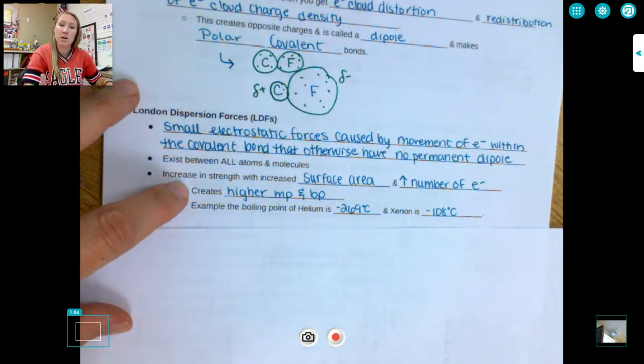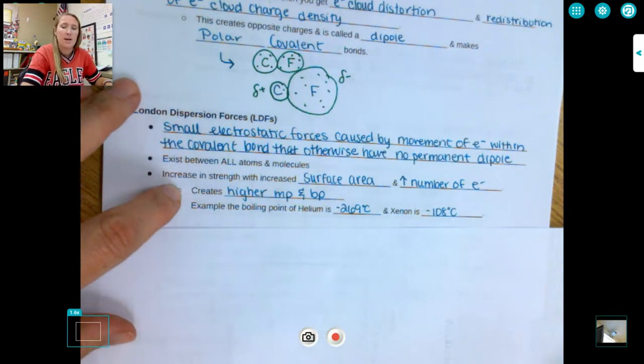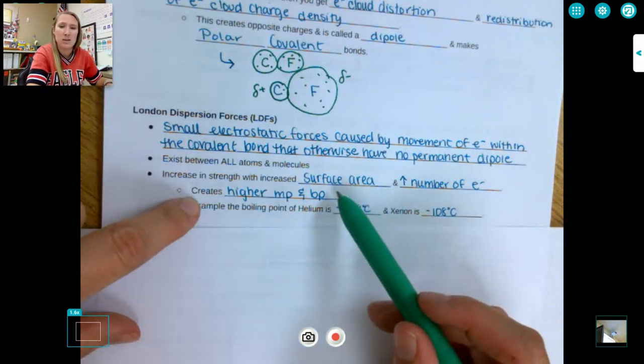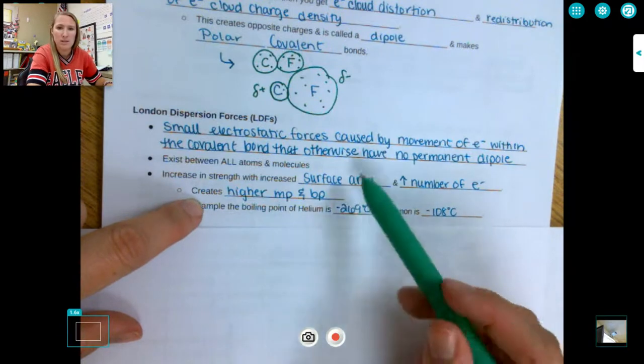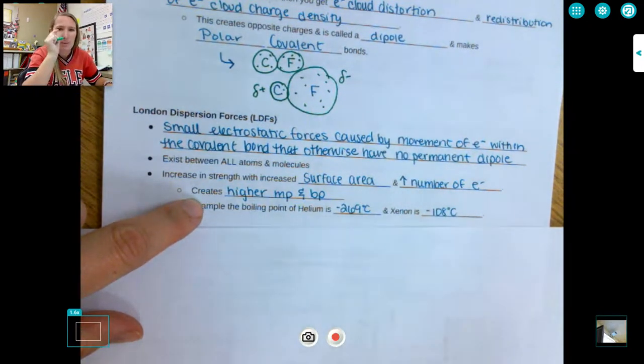And we can have stronger LDFs when we have larger surface area because we can have more electrons there. So if we have more electrons, increased surface area, that is going to increase higher melting points and boiling points because it makes this really, really temporary, almost like a blip of a dipole. And if I have more electrons, I can have that shift happen more easily.